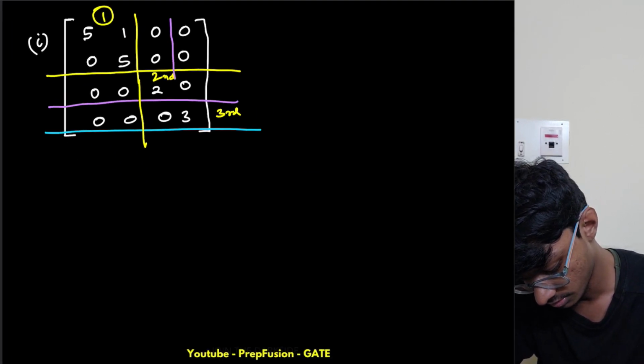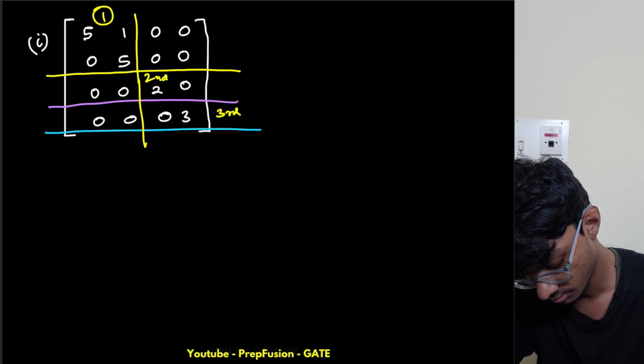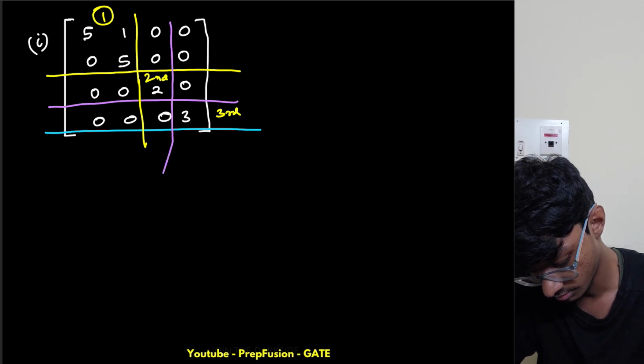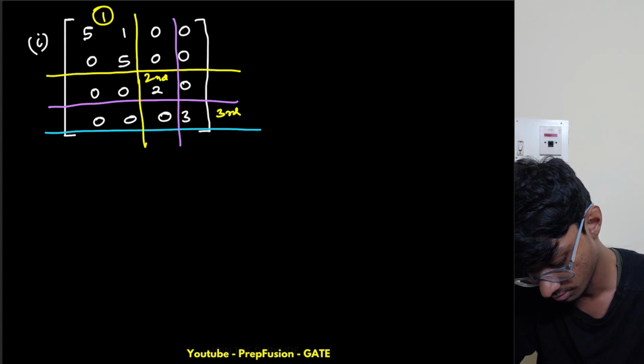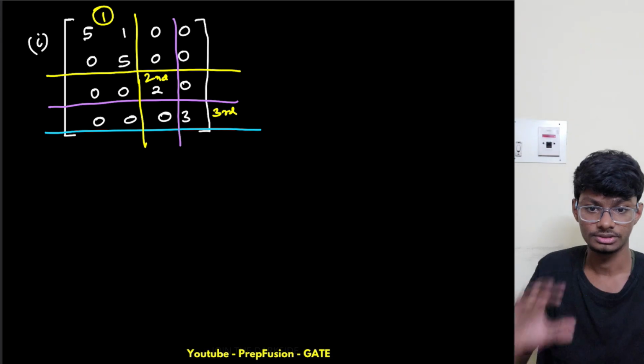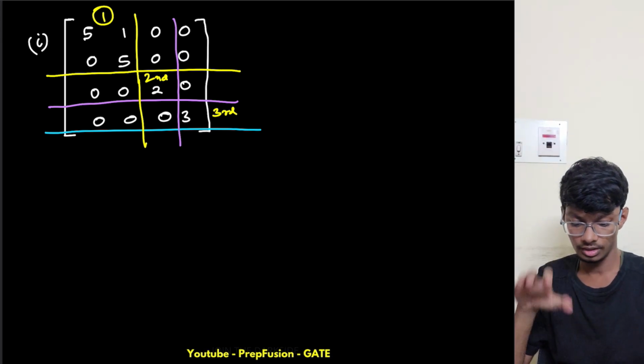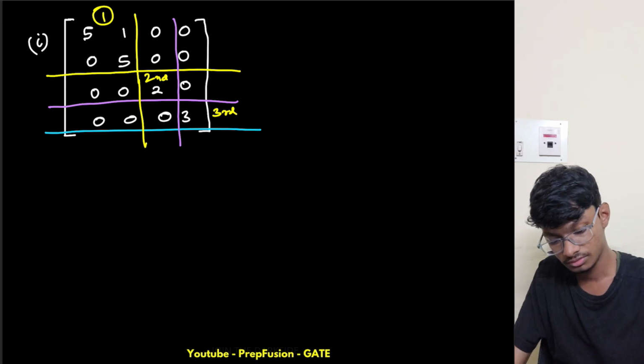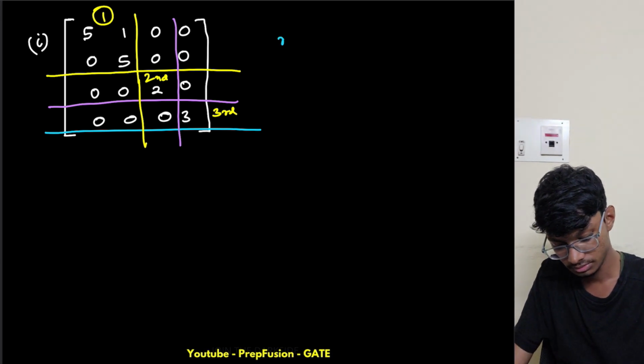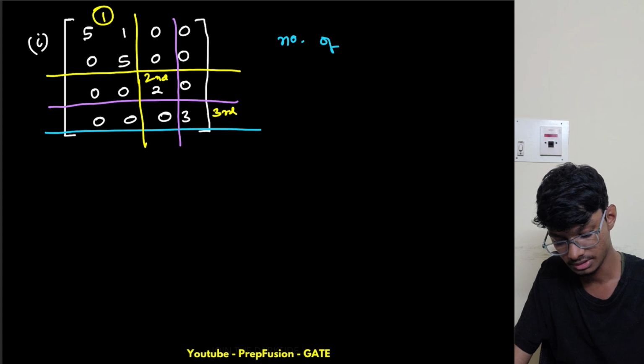So what will be the answer for this one? The number of Jordan blocks is 3.